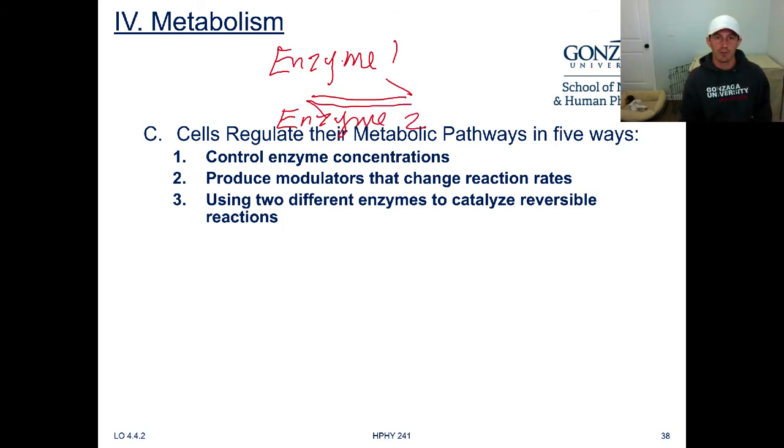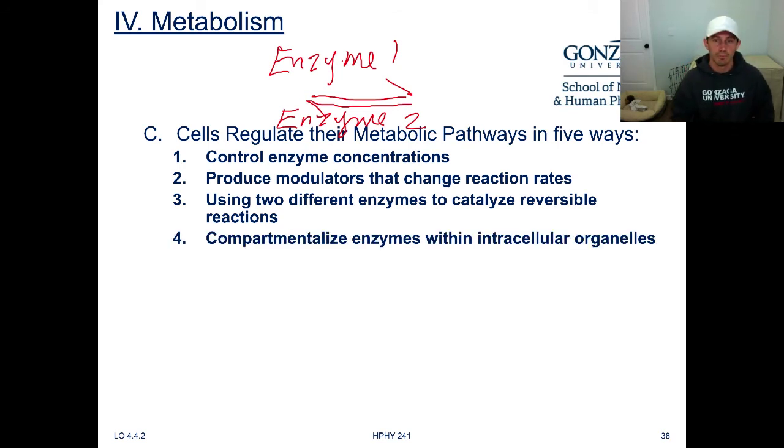Sorry, that's some bad drawing there. But point is, a specific enzyme allows the reaction to occur in the forward direction, whereas a different enzyme allows the reaction to occur in the opposite direction. That's a form of control.